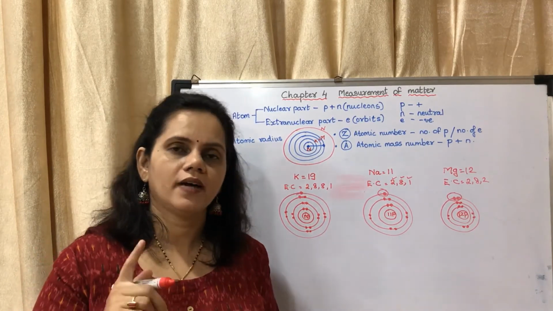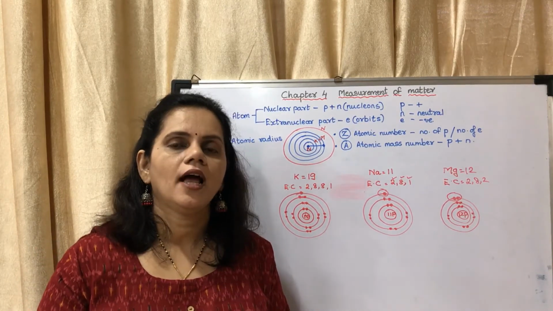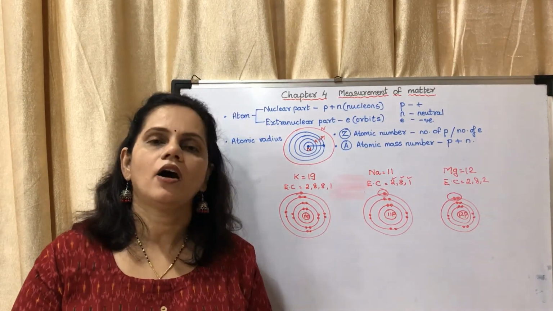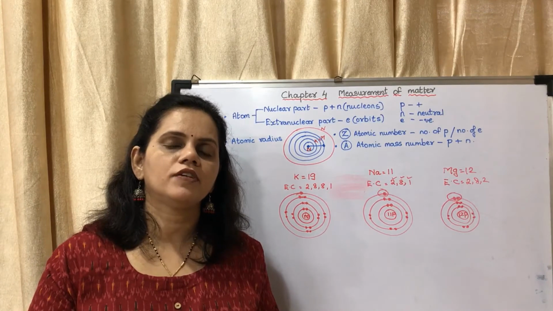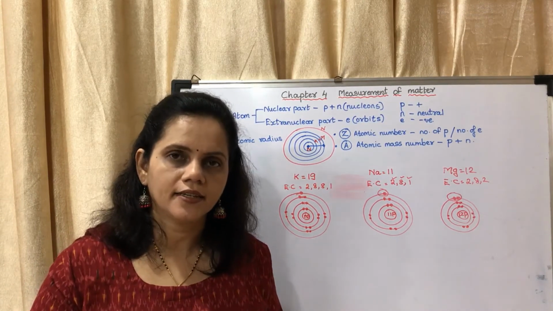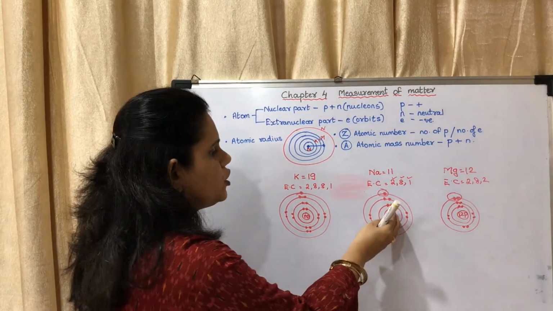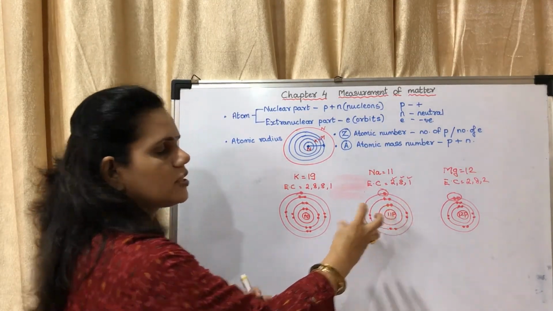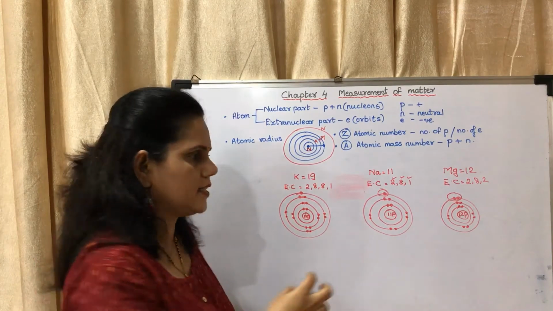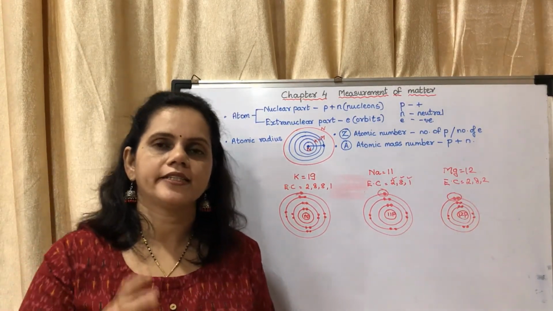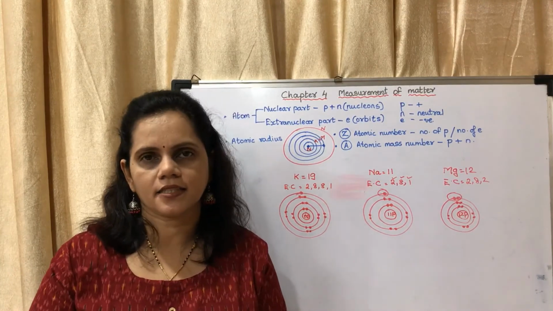Because sodium has 1 electron in its outermost shell and magnesium has 2 electrons in its outermost shell. As the number of electrons in the outermost shell increases, the force of attraction increases. That means the nucleus attracts them more towards the nucleus. Therefore the size decreases. Okay.